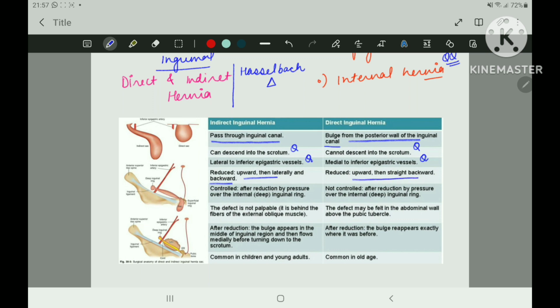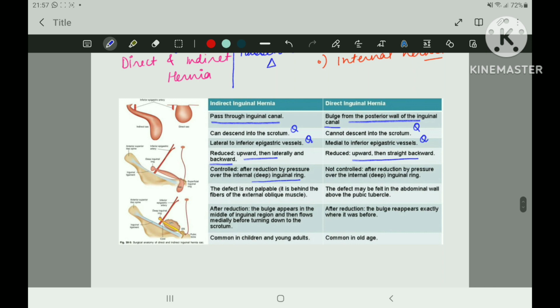So the indirect hernia is controlled after reduction by pressure over the deep inguinal ring. But with a direct inguinal hernia, if we put our finger over the deep inguinal ring, or the internal inguinal ring, we cannot control it, because it is a direct protrusion from the posterior abdominal wall.